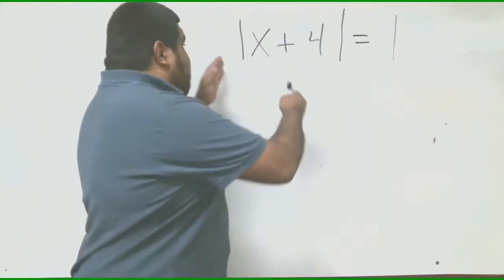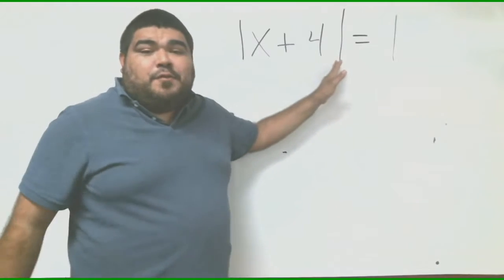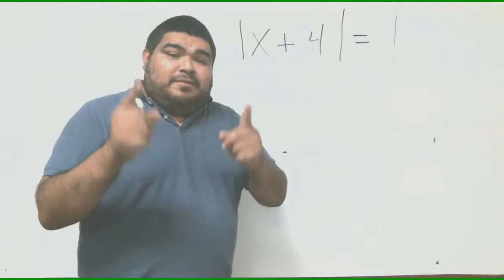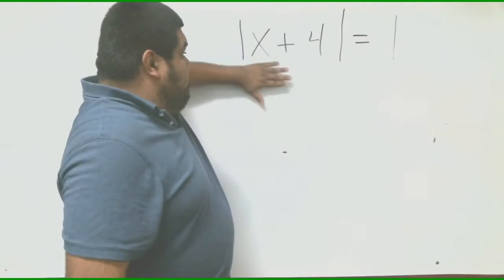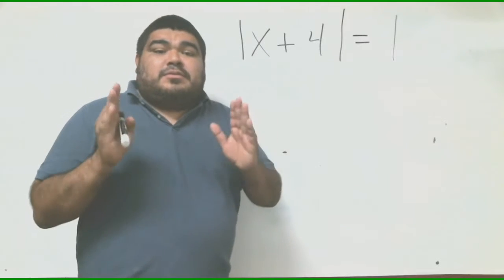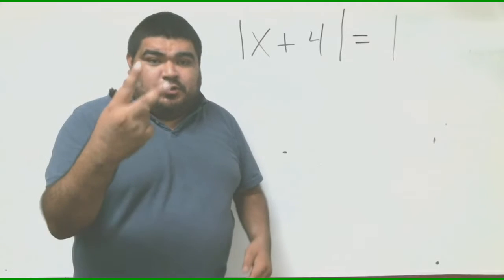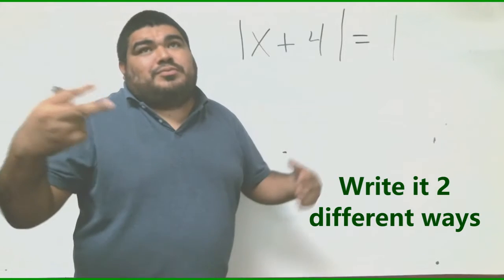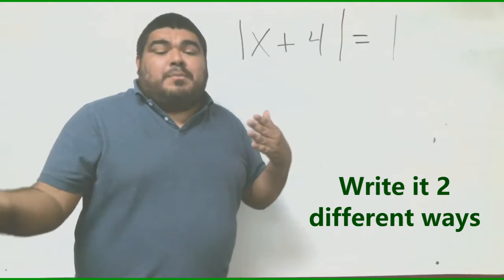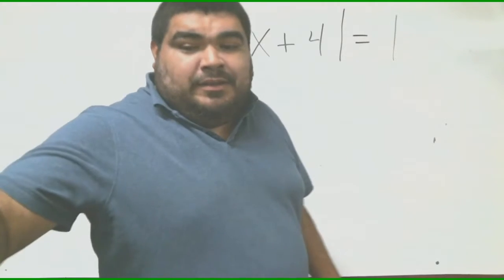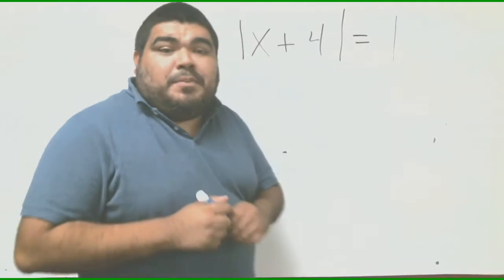All these lines in the front of the x and behind the 4 are saying we're looking for the absolute value of x plus 4. So now that we're finding x, we have to break down the equation into two equations, one positive, one negative. Not necessarily two different equations, but let's start off with breaking down our positive one.